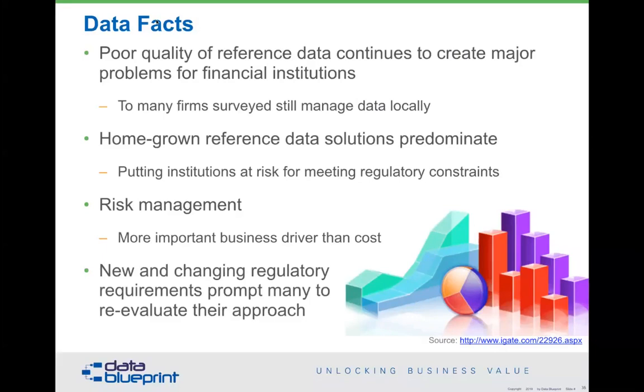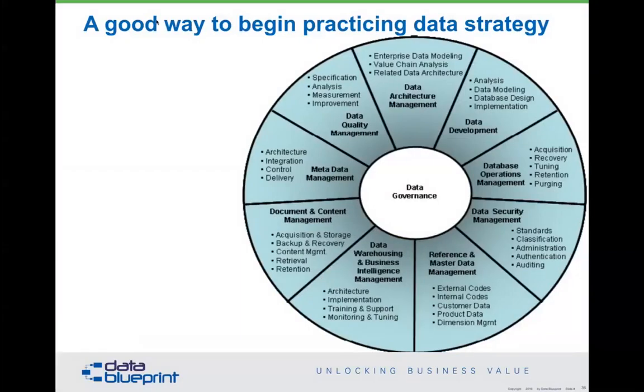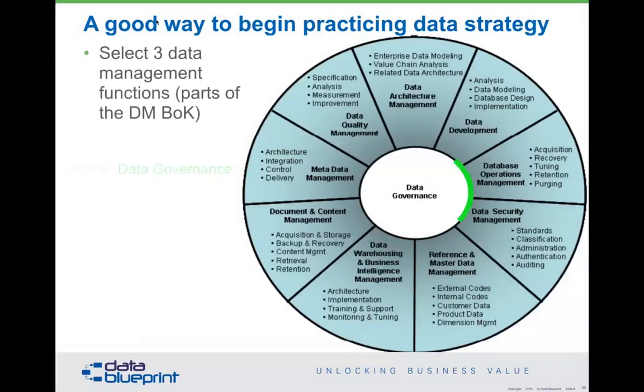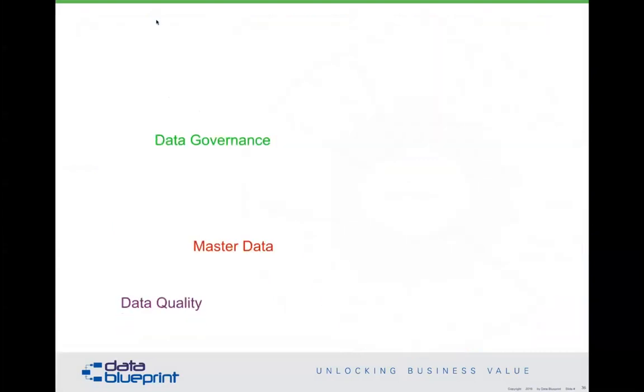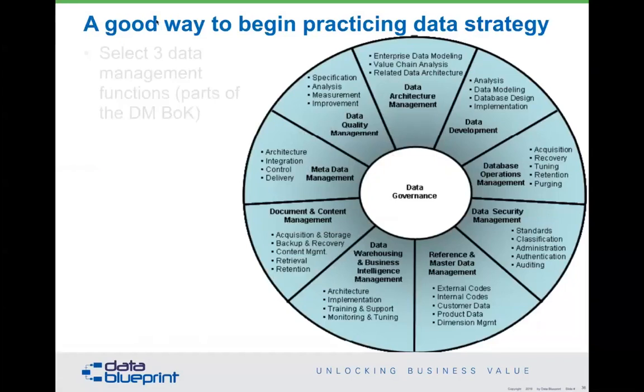Now, when you're doing master data management or anything that we would consider to be strategic in the organization, a good way to start thinking about them is thinking in terms of 3. Just as we need 3 legs on a stool to stand up, we also need 3 things to go on. While many organizations will take a look at this and say, hey, I've got some reference data I want to deal with, trying to do it just by reference data really doesn't work.